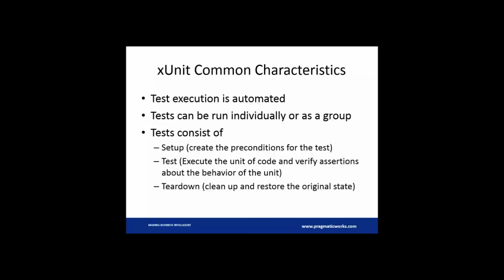So when we talk about assertions, assertions are basically true or false statements about the state of the system. So an assertion might be that there are 50 rows of data in a particular table in the database, and that assertion is either true or false. If it's true, it means the assertion passed.